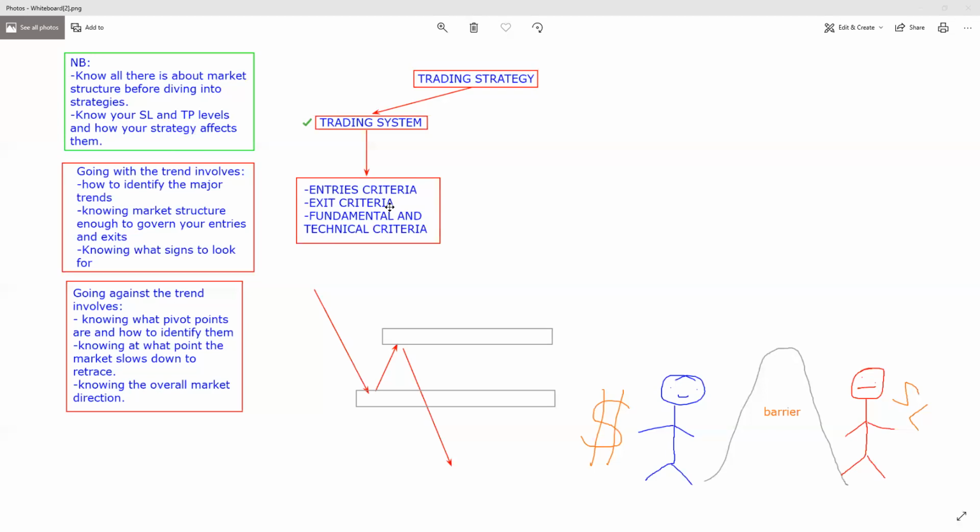So even without going too deep into the topic already, I have something for you guys to note. Know all there is about market structure before diving into strategies.